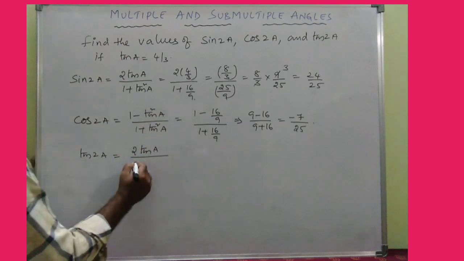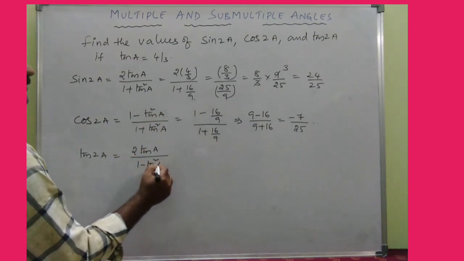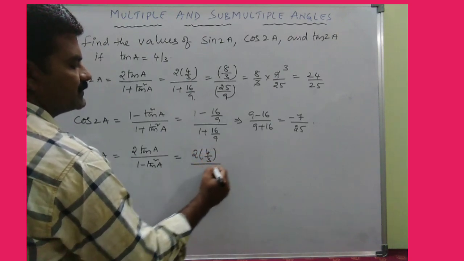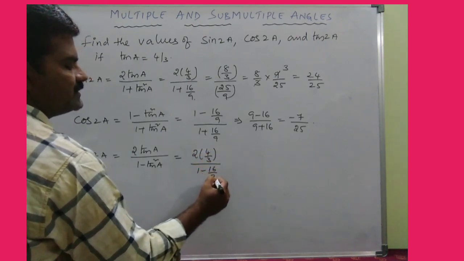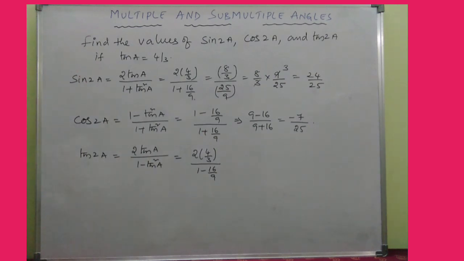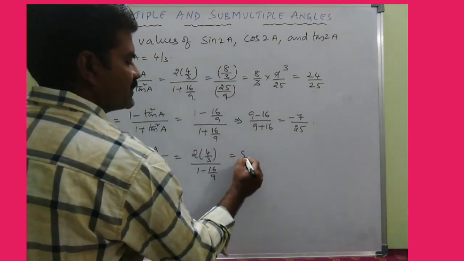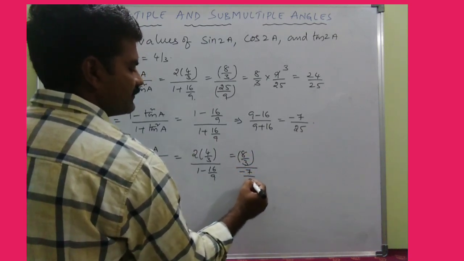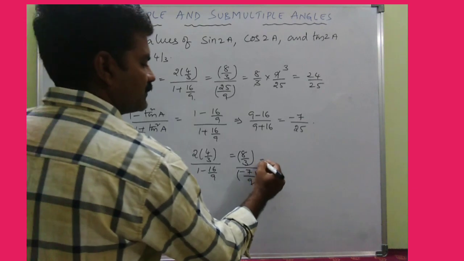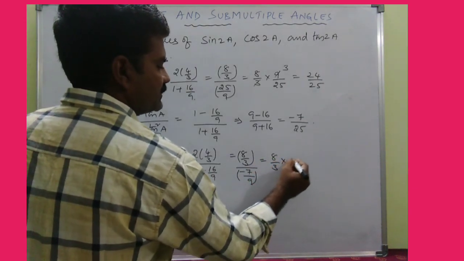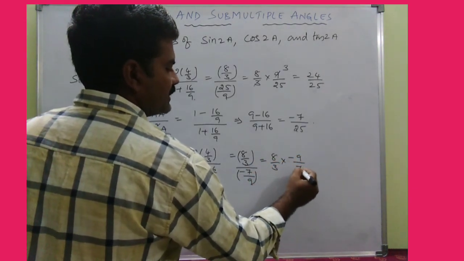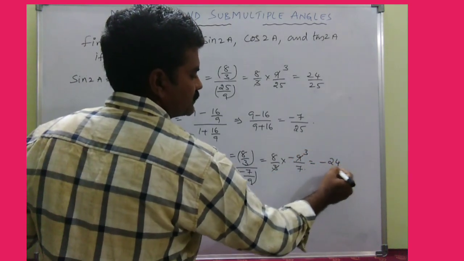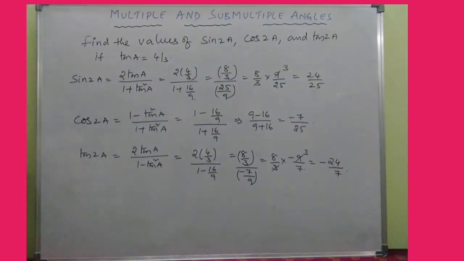Therefore 2 tan a by 1 minus tan square a, that is 2 into 4 by 3 by 1 minus 16 by 9, which can be written as 8 by 3 by minus 7 by 9, that is 8 by 3 into minus 9 by 7. Now this is 3 times, so which is equal to minus 24 by 7.